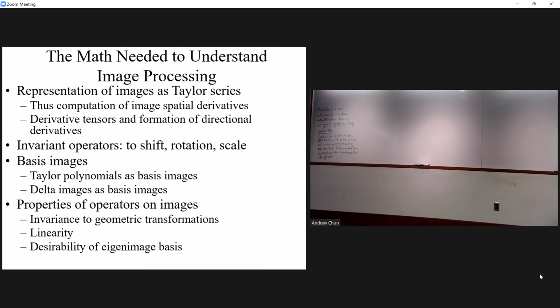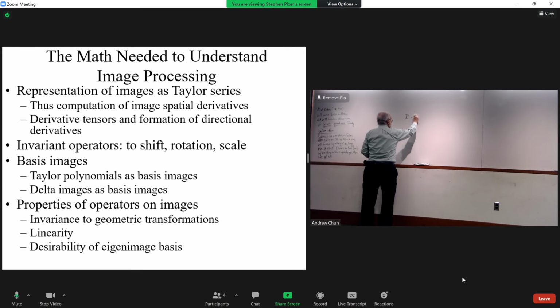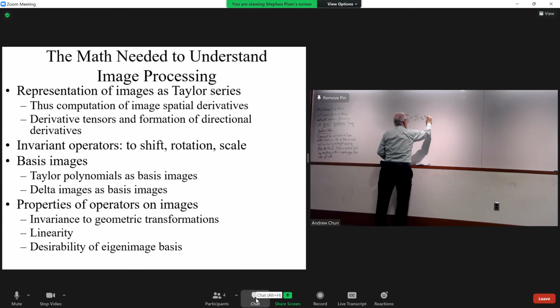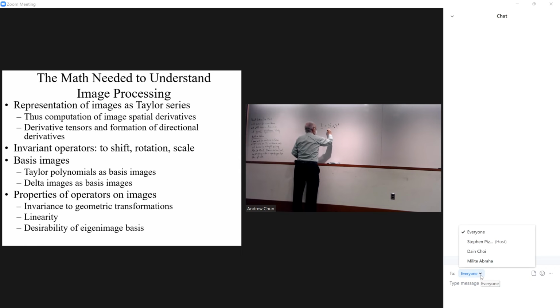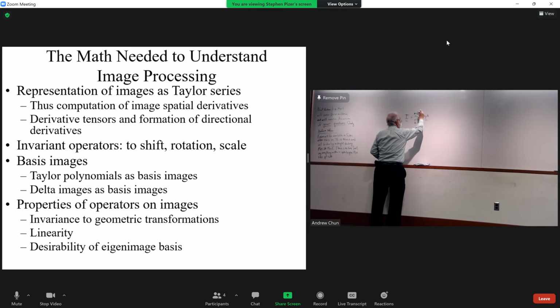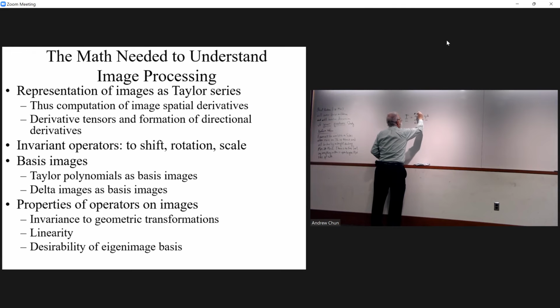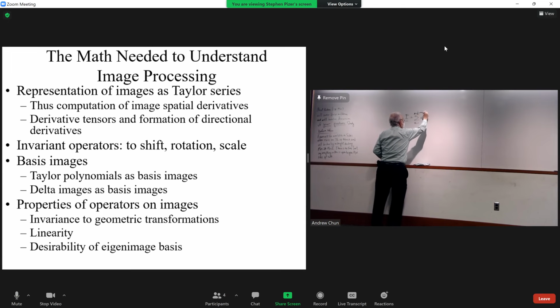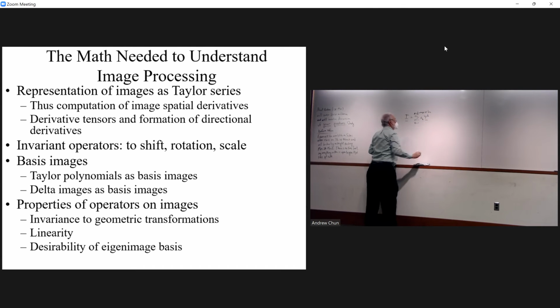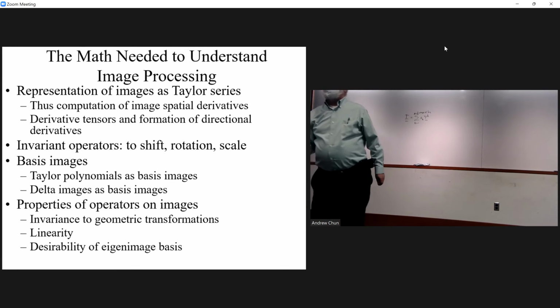So we have the idea then that images are usefully described as a linear combination of basis images. So we have this idea: I'll say the number of image elements, the number of pixels or the number of voxels.